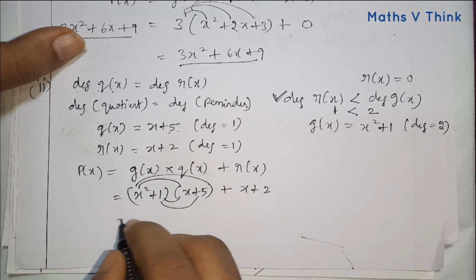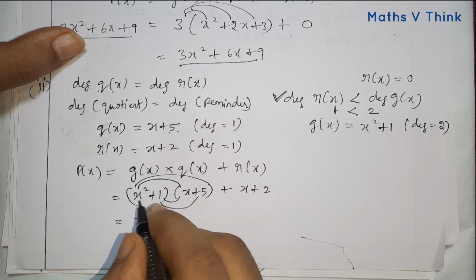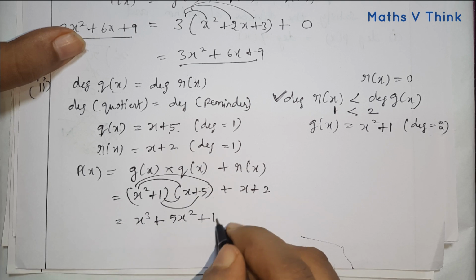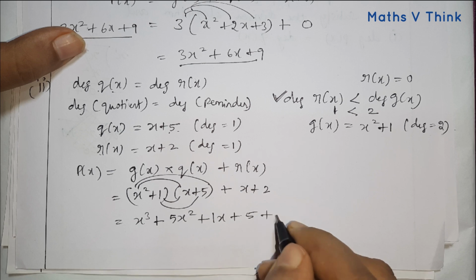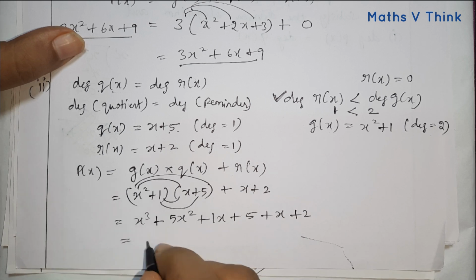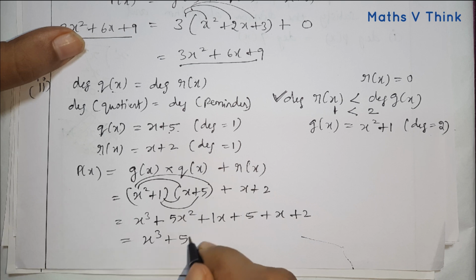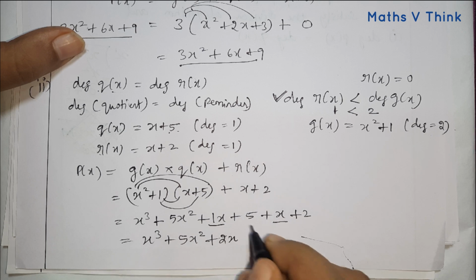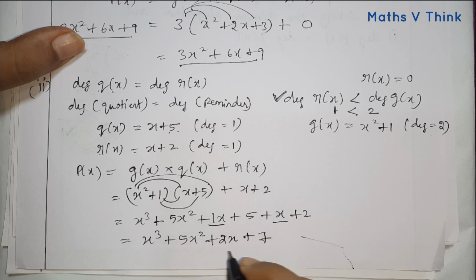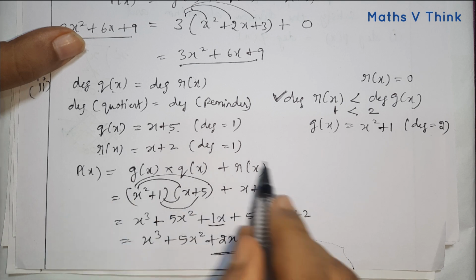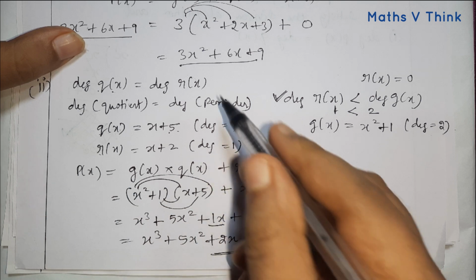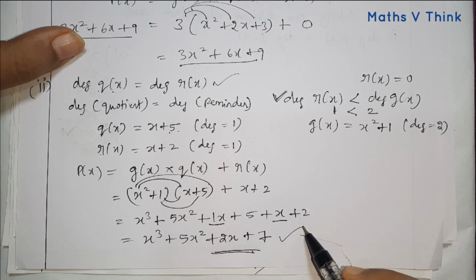X square into x is x cube plus x square into 5 is 5x square plus 1x plus 5 plus x plus 2. So x cube plus 5x square, 1x plus 1x is 2x, 5 plus 2 is 7. So we got p of x. Now you need not verify by putting in this division algorithm because it is already verified here. So we verified this also and division algorithm also.